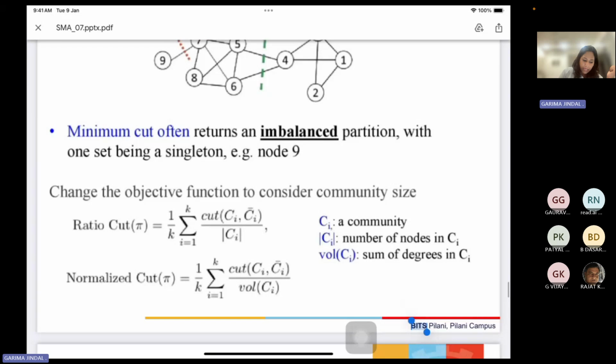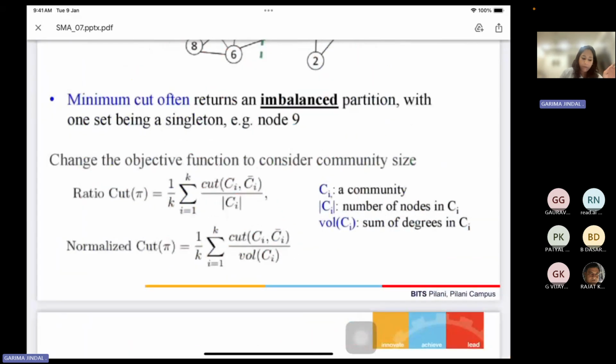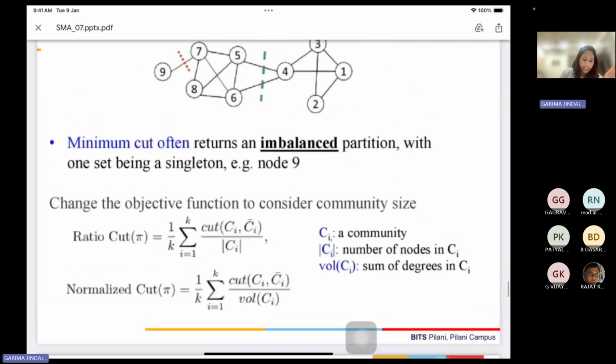The cut value represents the number of edges that you have to cut, and in the denominator I have the size of the community. You consider each community, with the number of deleted edges in the numerator and the size of the community in the denominator, and you sum over all the components. With that you obtain the ratio cut, and we need to minimize this ratio cut.